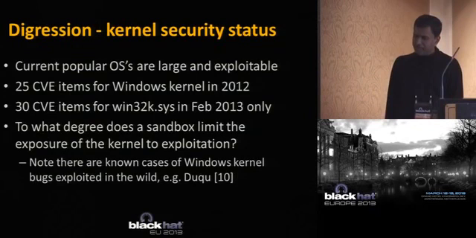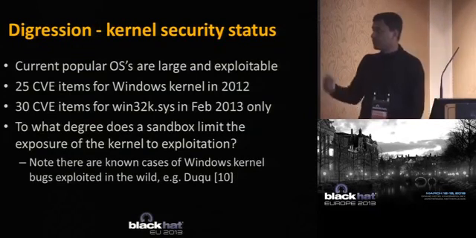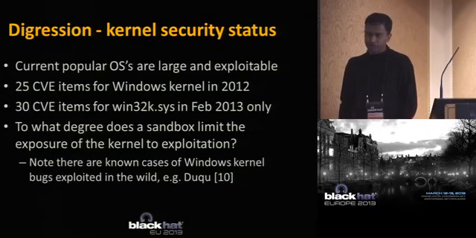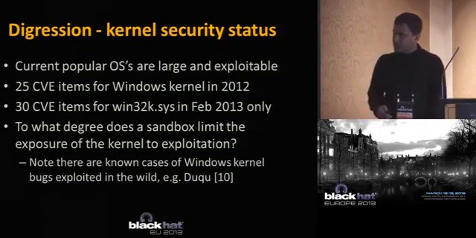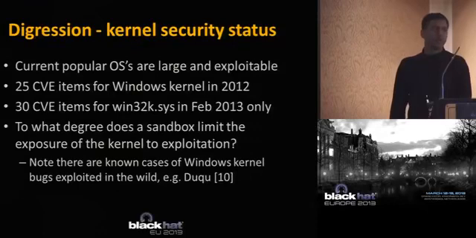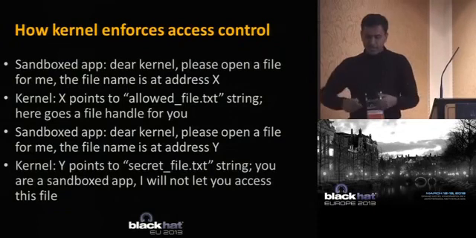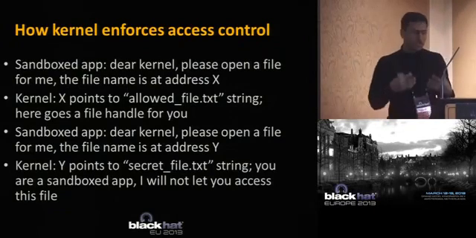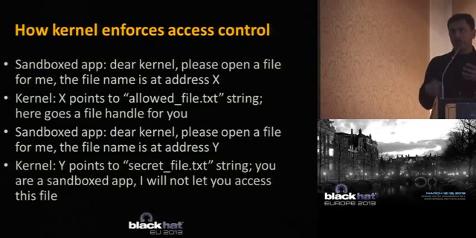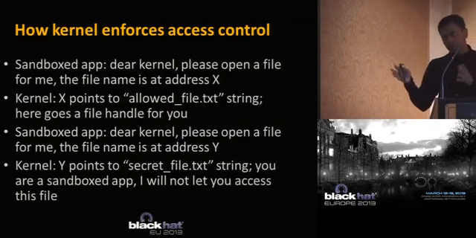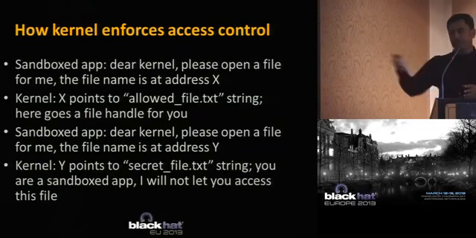There have been cases of real targeted malware like the DoQ bug, which was exploited not too long back, and which was also exploiting a Windows kernel vulnerability. So how does it work inside a sandbox? This is how it looks. In terms of enforcement, the sandboxed application says, dear kernel, please open a file for me, and the file name is at address X, and the kernel points to allowed file.txt, and says, okay, here is the handle.